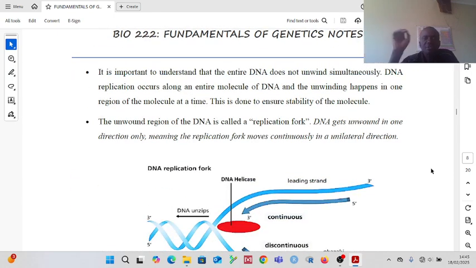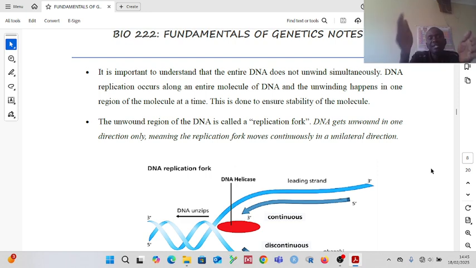So it is important to understand that the entire DNA does not unwind simultaneously. The DNA helicase does not want the entire double complementary strand of DNA to become single stranded at once. It will begin from one end as it unwinds to the other end.